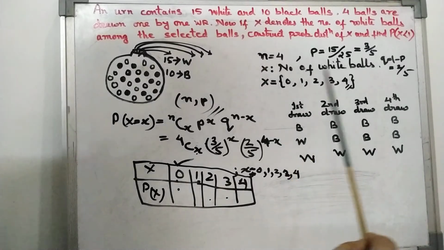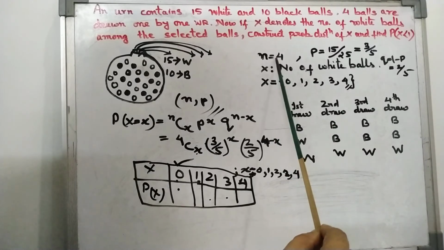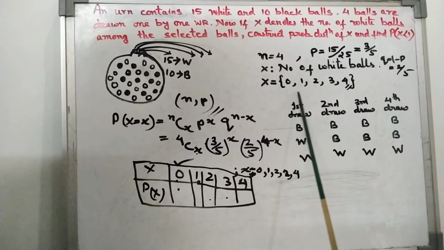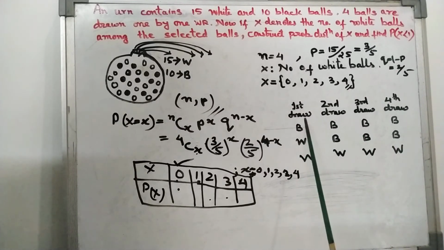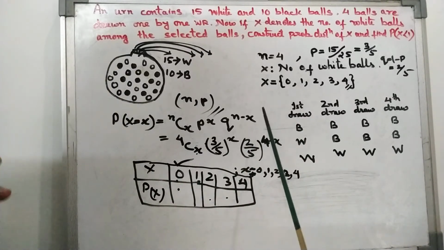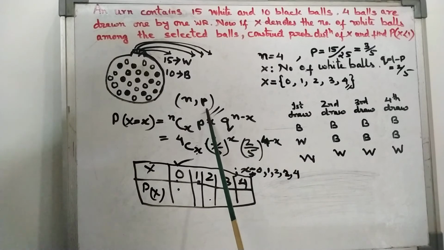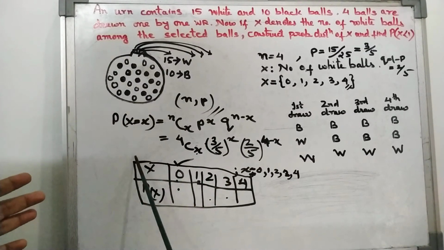You know the maximum value of x goes up to 4, so you write accordingly, x takes values 0, 1, 2, 3, 4. And then the probability distribution, because these two are the parameters. If you know the parameters, you can easily write the probability distribution function.